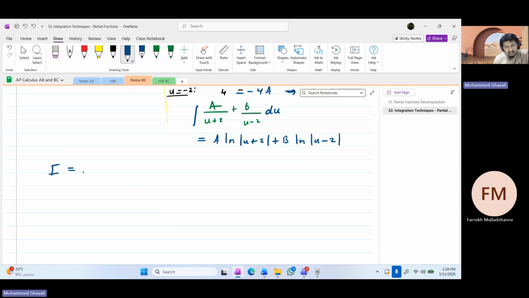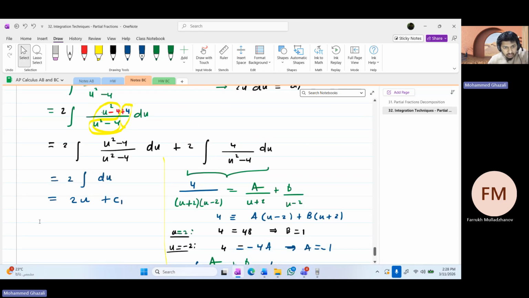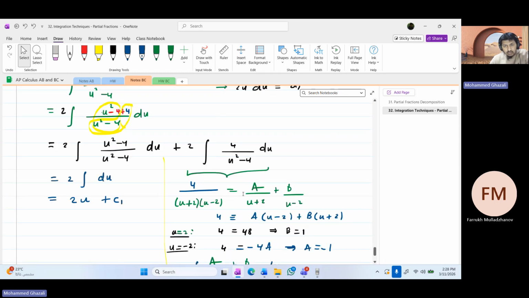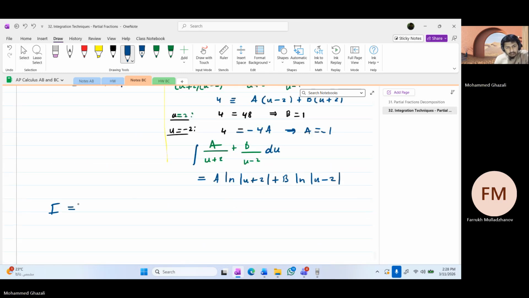So now my integral answer is, what was the u? We had a different u over here, right? This u was square root of x plus 4. So 2 square root x plus 4. 2a. What is a? Negative 2. Ln.